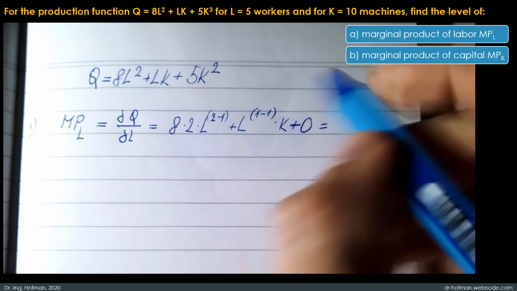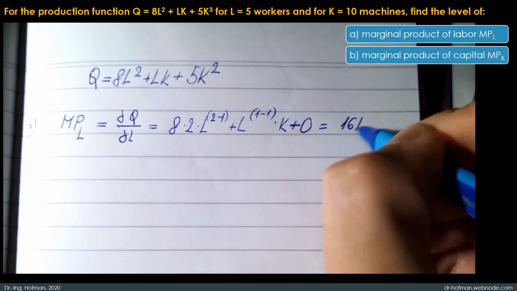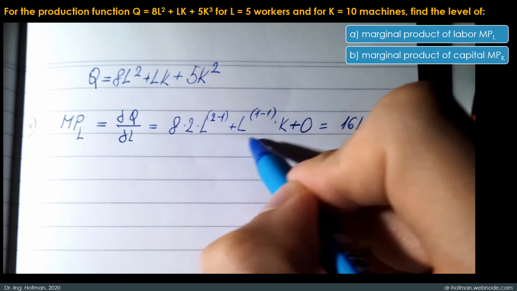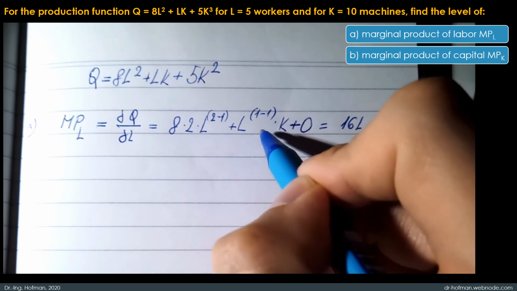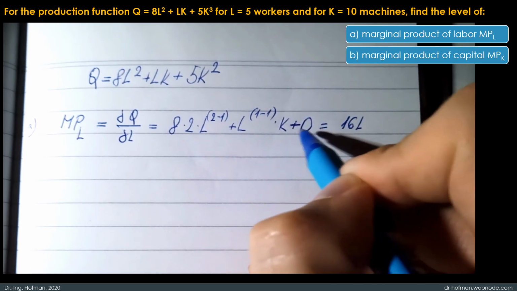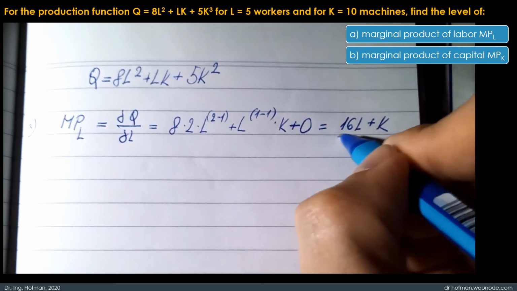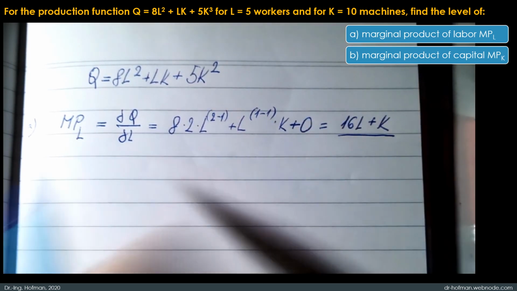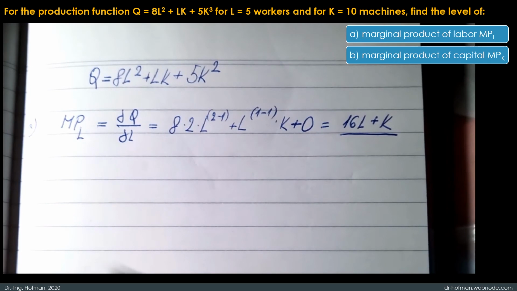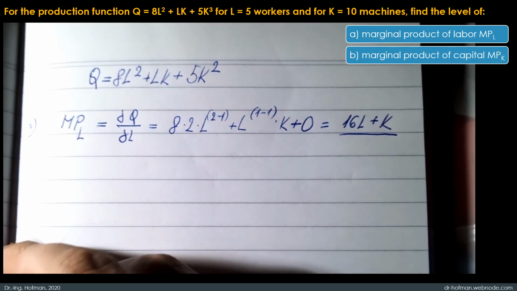From here, you know it's 16L plus 1 times K, which is plus K. This is the marginal product of labor, MPL, for this production function.